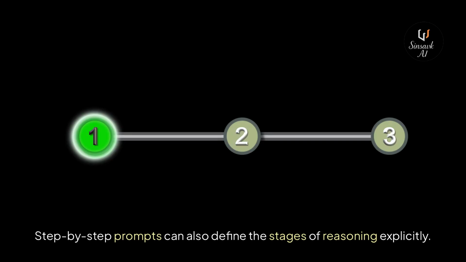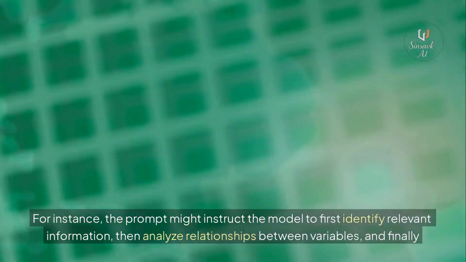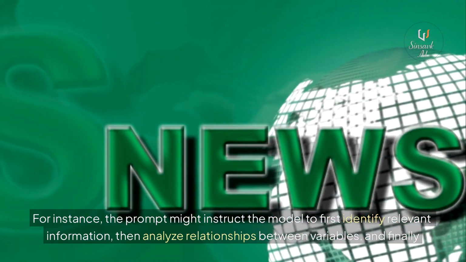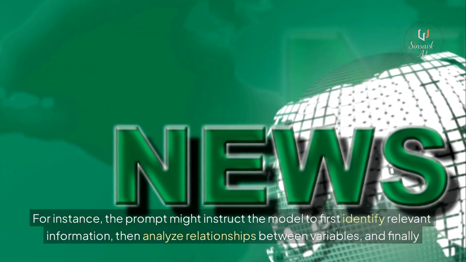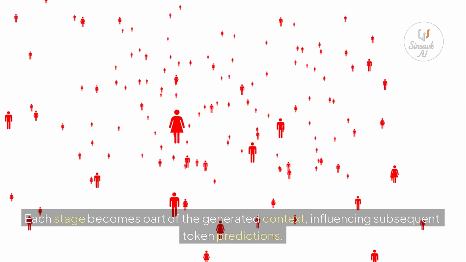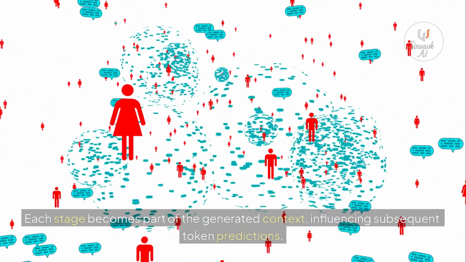Step-by-step prompts can also define the stages of reasoning explicitly. For instance, the prompt might instruct the model to first identify relevant information, then analyze relationships between variables, and finally derive a conclusion. Each stage becomes part of the generated context, influencing subsequent token predictions.